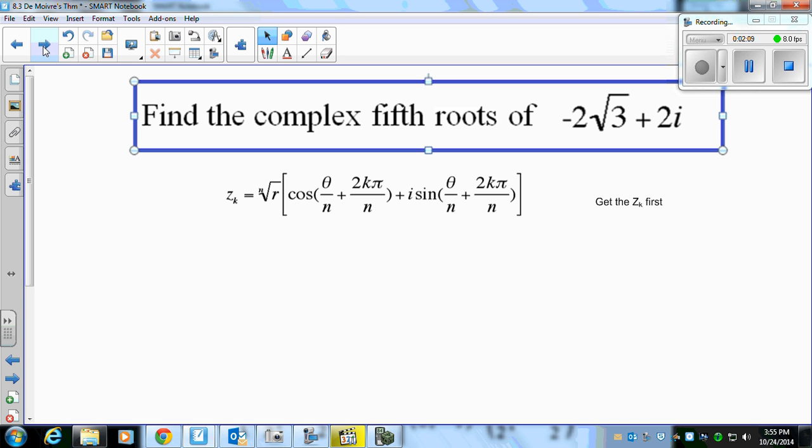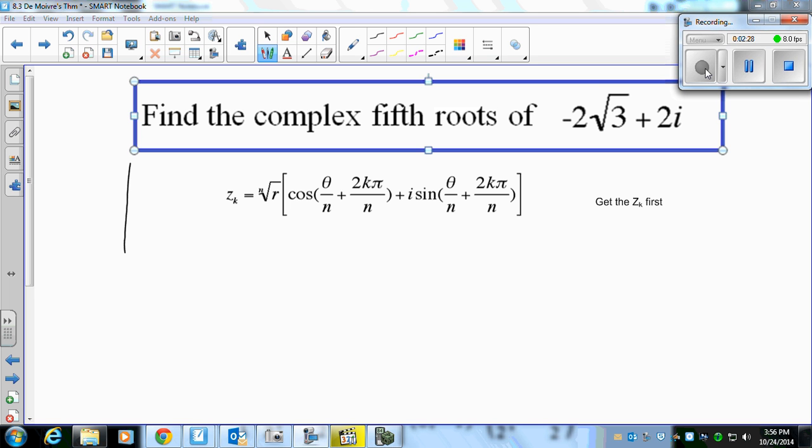Find the complex fifth roots of -2 square root of 3 plus 2i. Again, to utilize this equation, we have to first put this into polar coordinates. So I'm going to graph it. I have a -2 square root of 3 real parameter, and I have a 2 parameter over here.